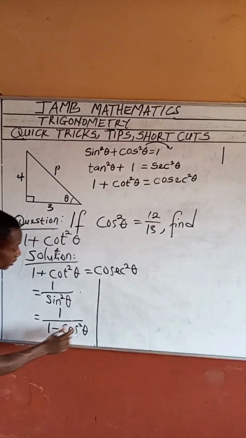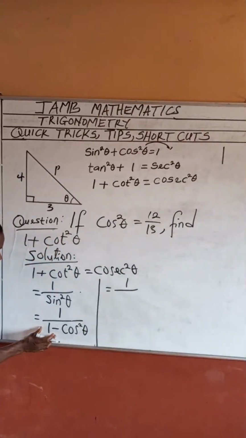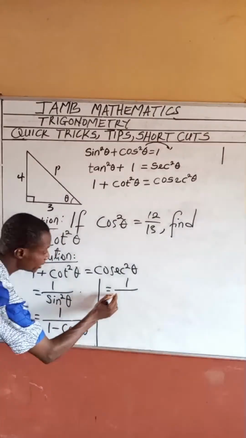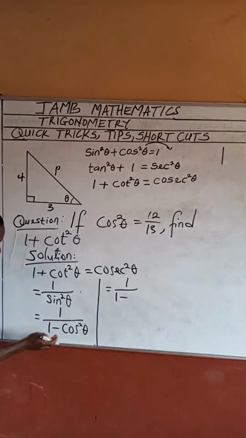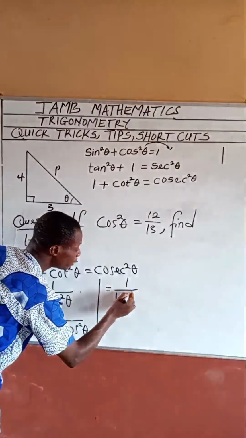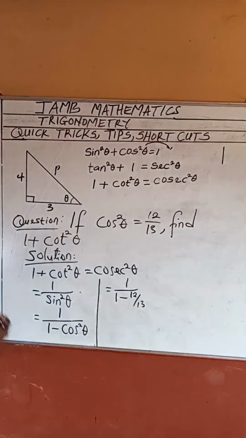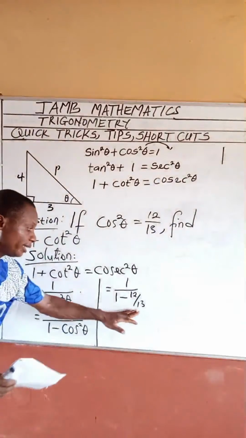So this becomes 1 divided by 1 minus cos square theta, which is 12 over 13. So we write 12 over 13 right here. Remember what I said initially?